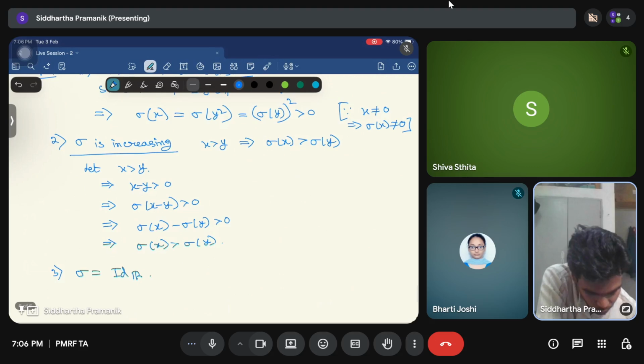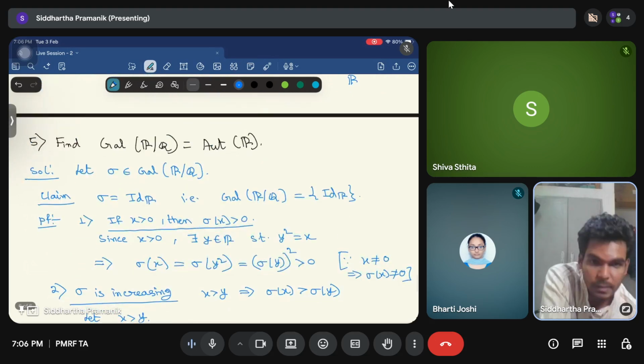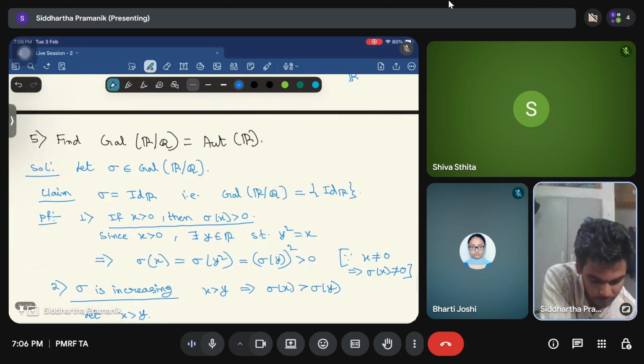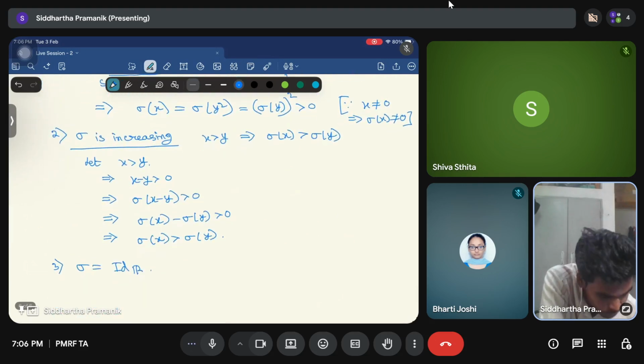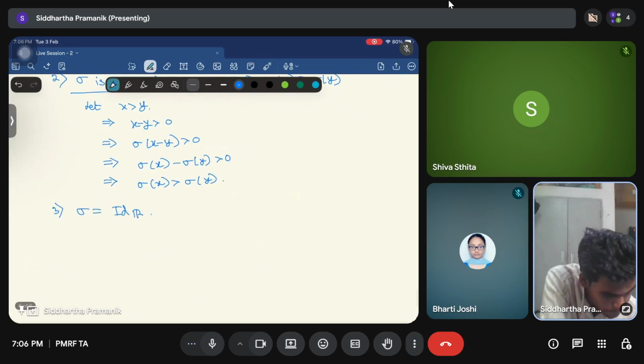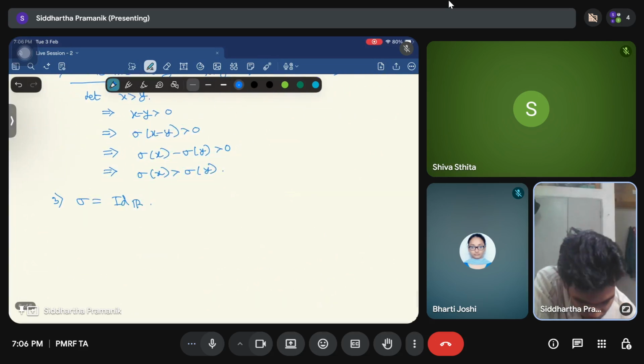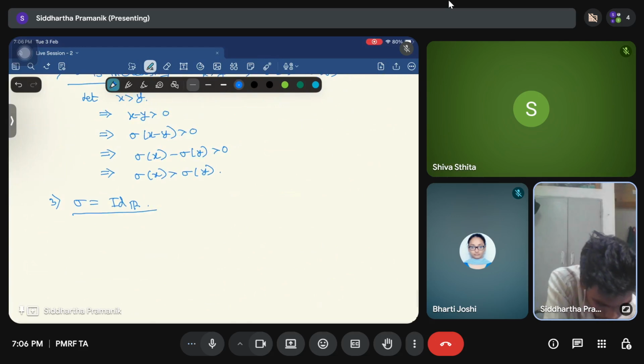So we already know sigma fixes the rational numbers, right? So we need to prove that sigma fixes irrational numbers too. So how to prove this? We will use contradiction.